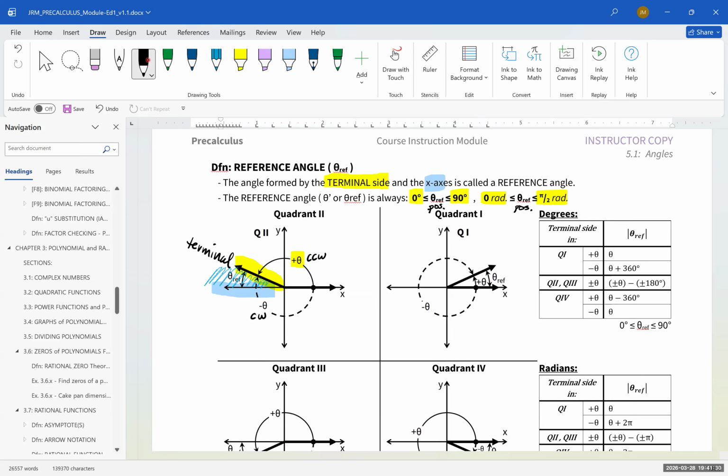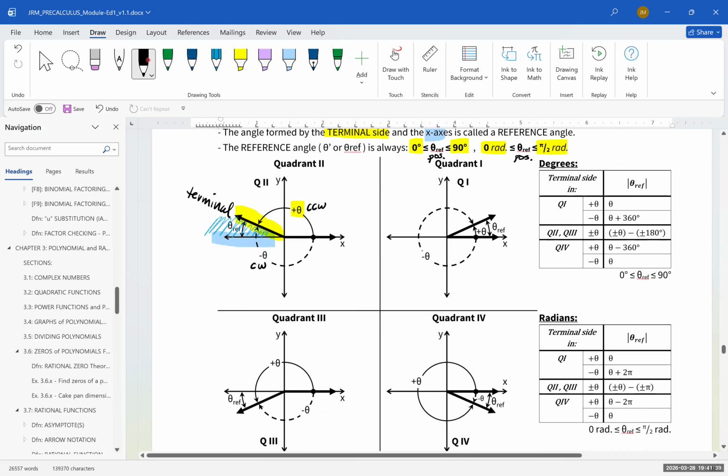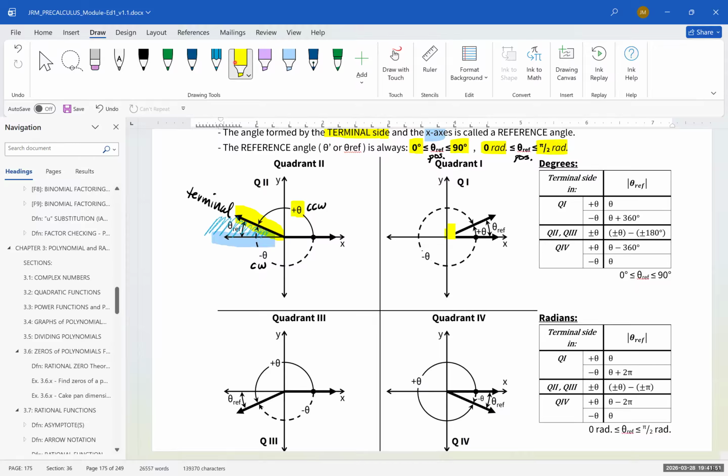So what are these formulas and when do you use them? What you can see here is that I've given 4 different scenarios, and those depend on where the terminal side ends up. If the terminal side ends up in the first quadrant, you're going to use one equation.